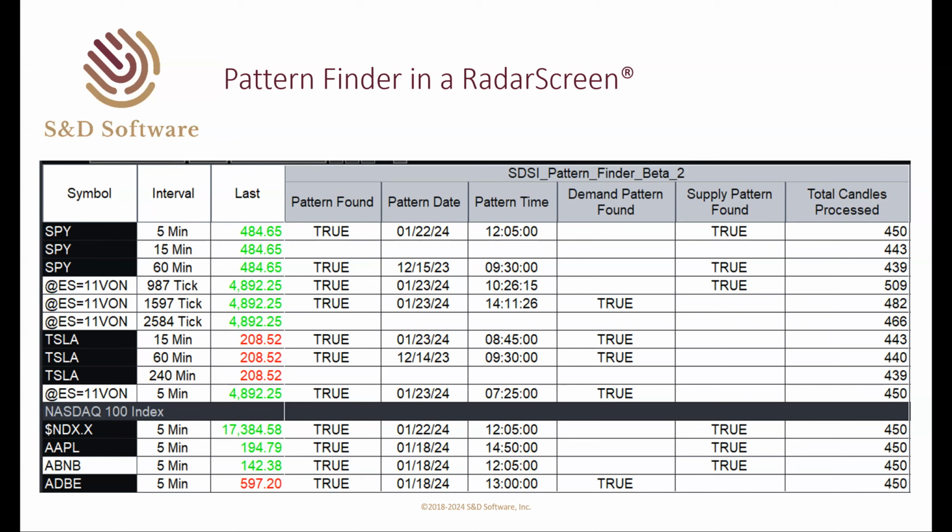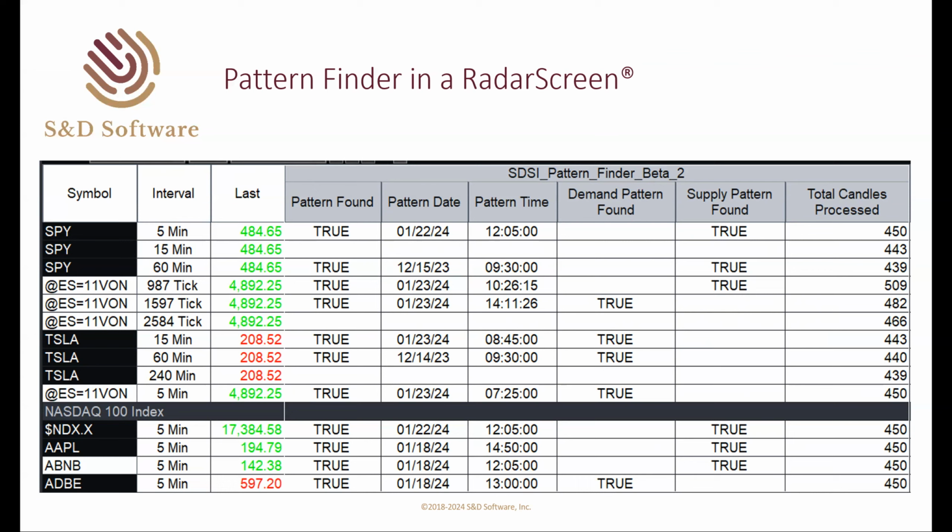But when you're setting up a scan in the TradeStation scanner, if you want your scan to be able to pick up either a demand pattern or a supply pattern, you can do that using the pattern found output. That's what it's there for.